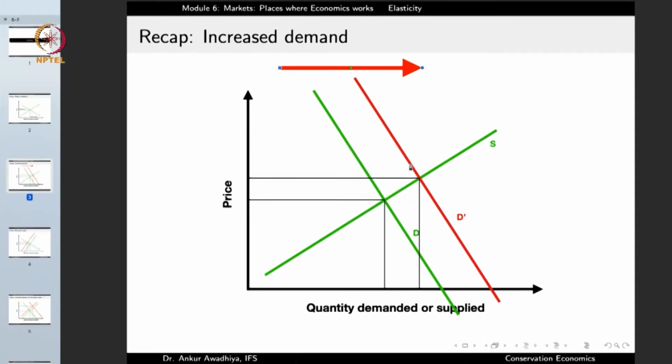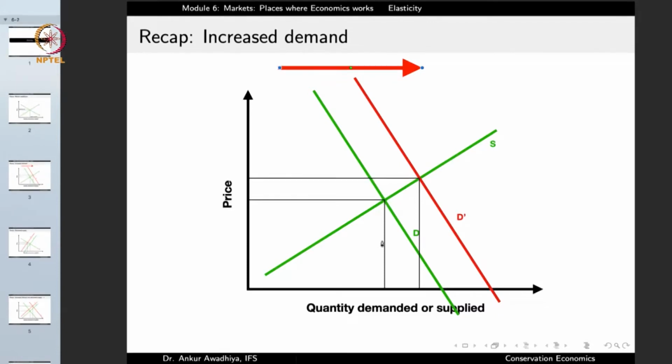So, what happens to the equilibrium? As we can observe, the earlier equilibrium is at this point, the new equilibrium is at this point. At the old equilibrium, this was the equilibrium price. At the new equilibrium, this is the equilibrium price, which means that the equilibrium price increases if there is an increase in demand.